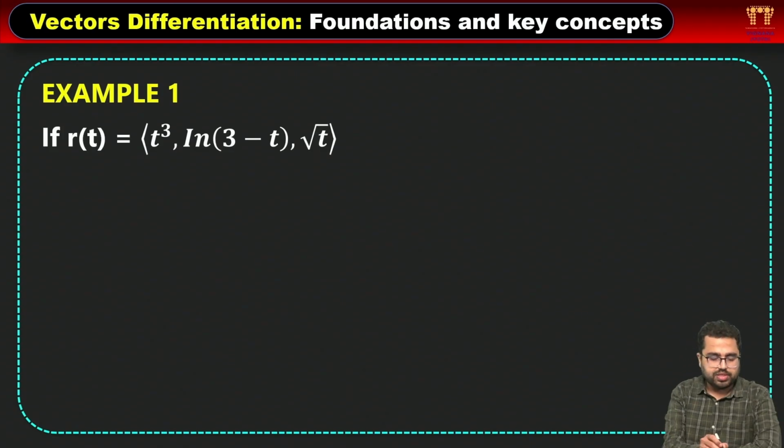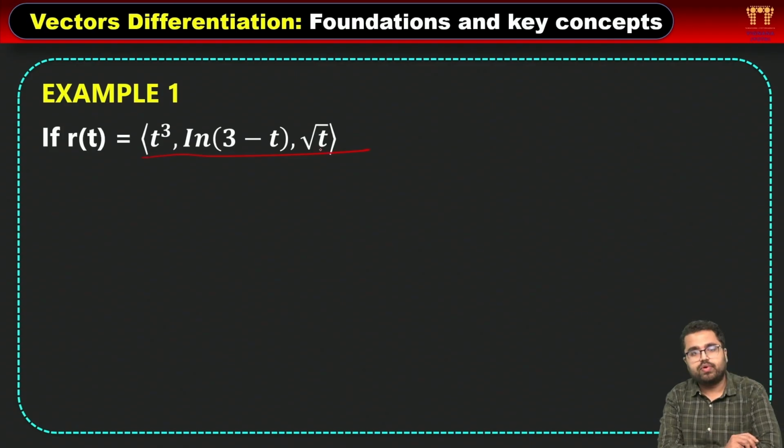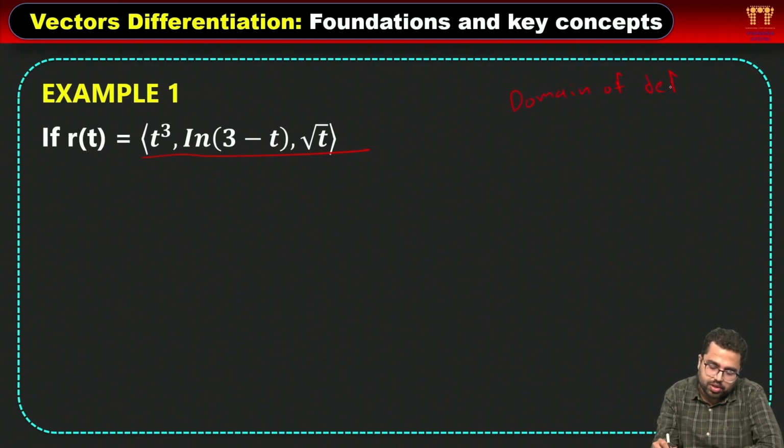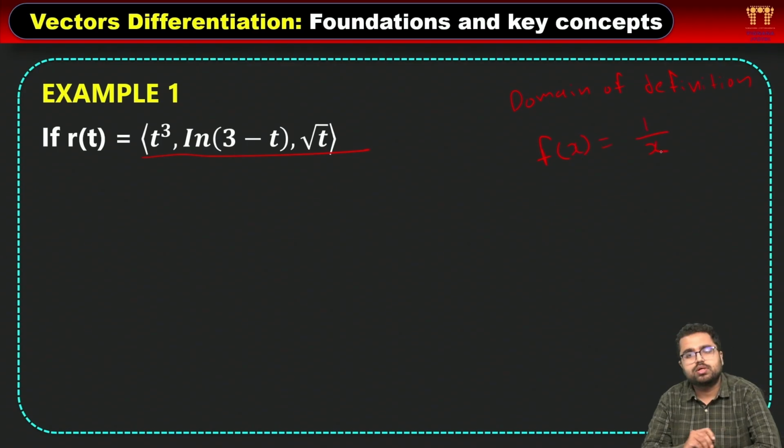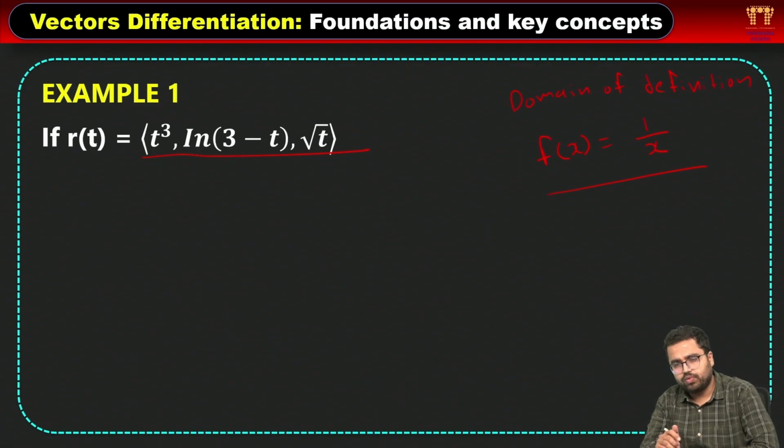So next, this is the vector valued function given to you. We will see something about this. You must be knowing what the domain of definition is. If I take some easy function, suppose f of x is equal to 1 by x, what is the domain of definition, the values for which this function is defined?